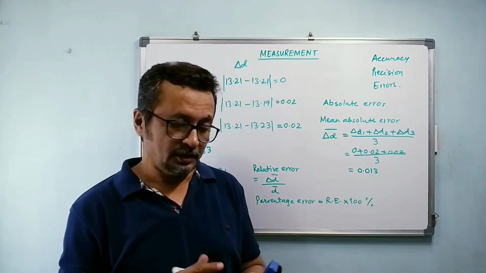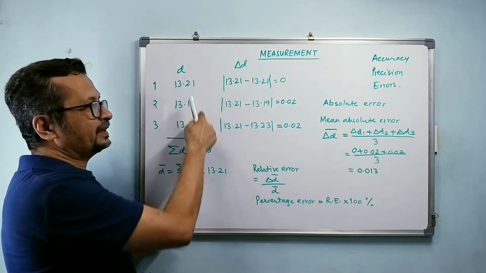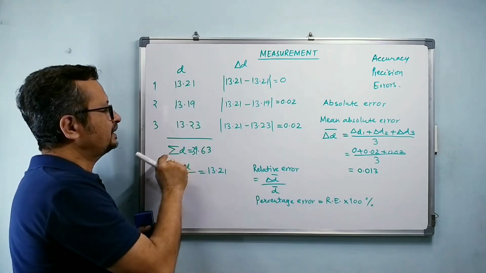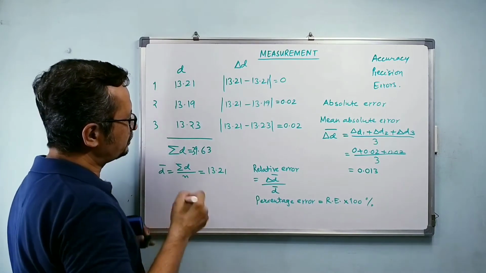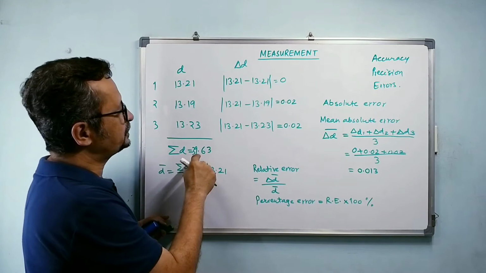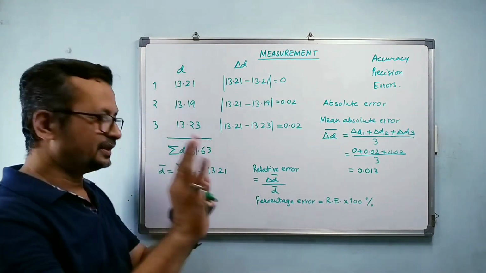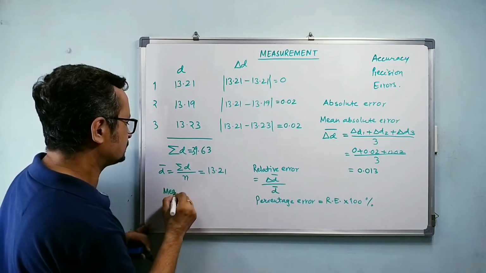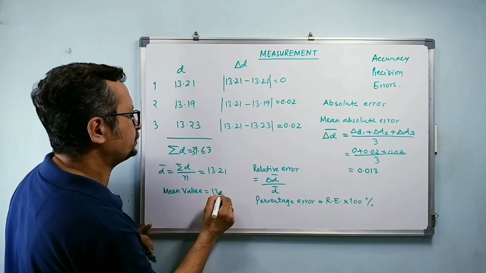Okay, so let us do it again. I take my measurements. I take 3 readings, then I add them, and I divide by the total number of readings. Now here my n is equal to 3, so I divide this 39.63 by 3 and I get 13.21. So this is my mean value, 13.21.